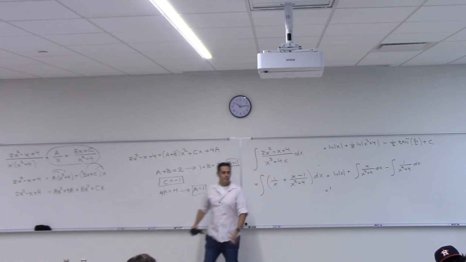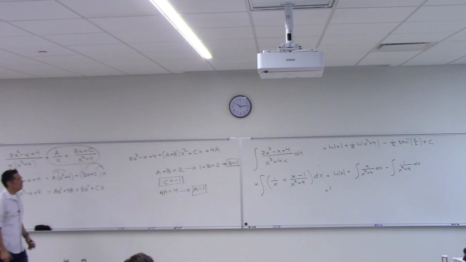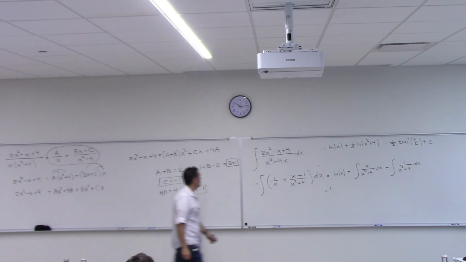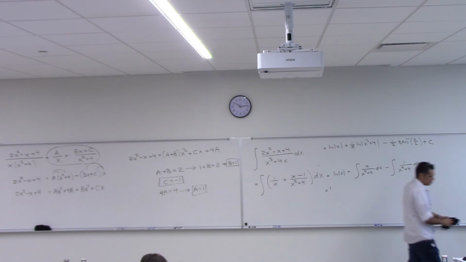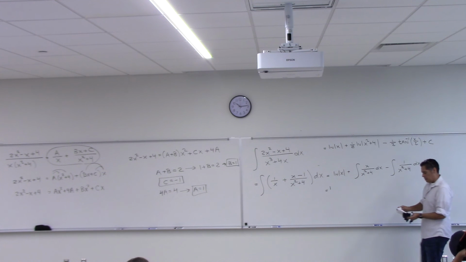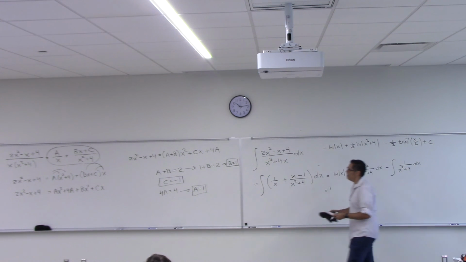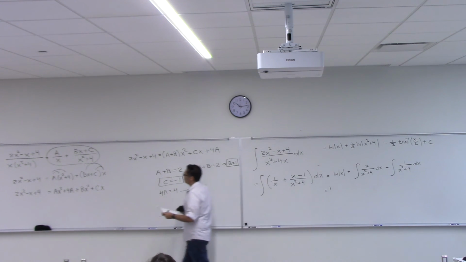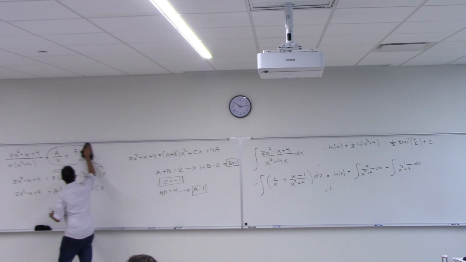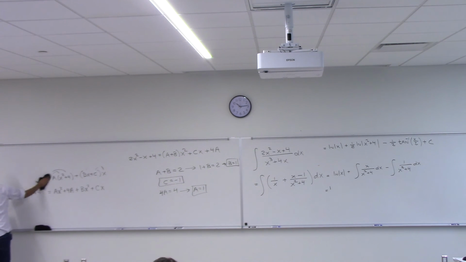All right, I want to show you the last problem I wanted to do today, but we're not going to have enough time. So this will be a take-home quiz, to be turned in next time.